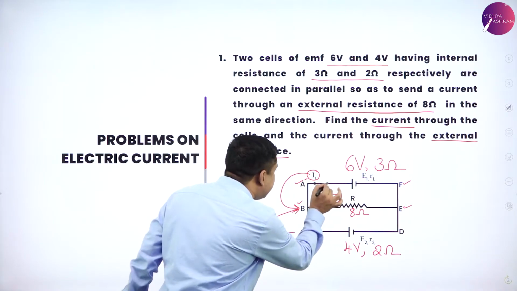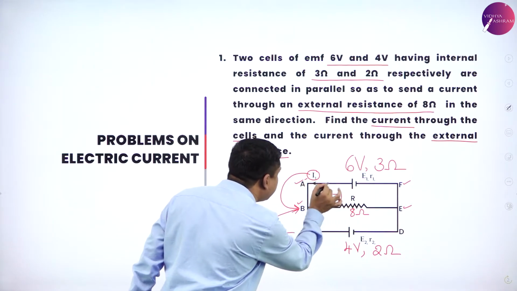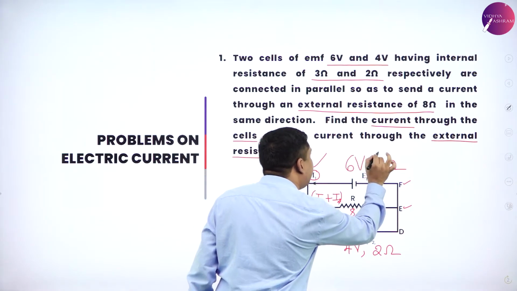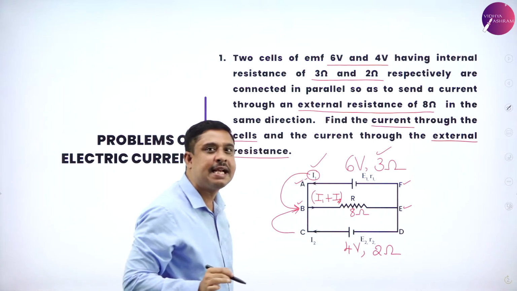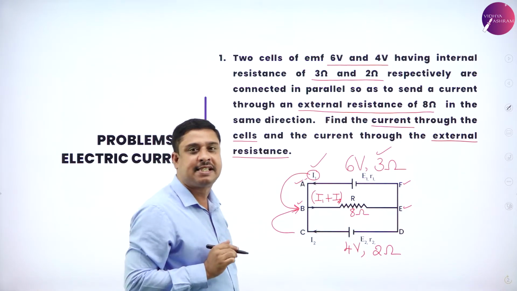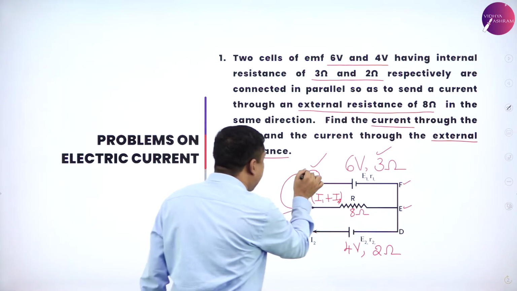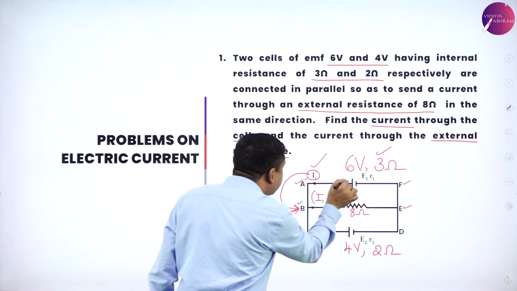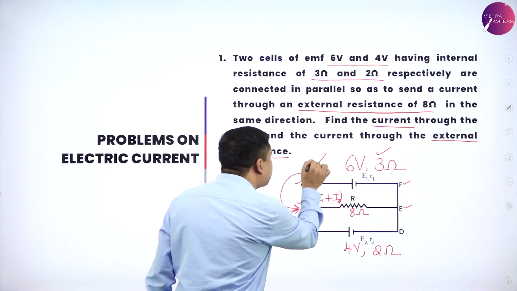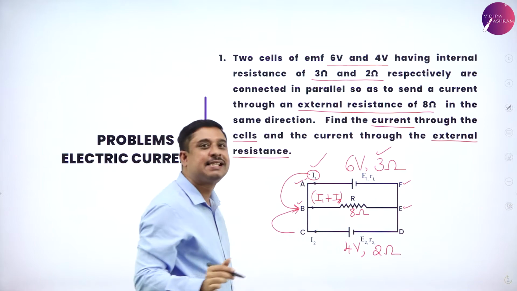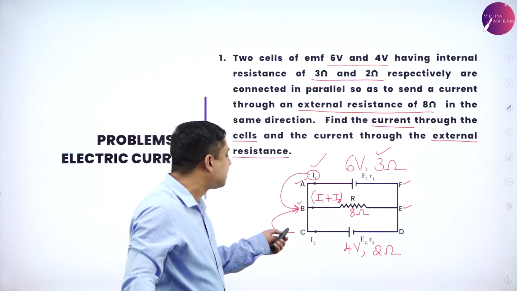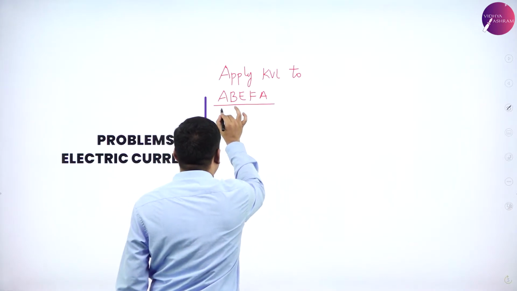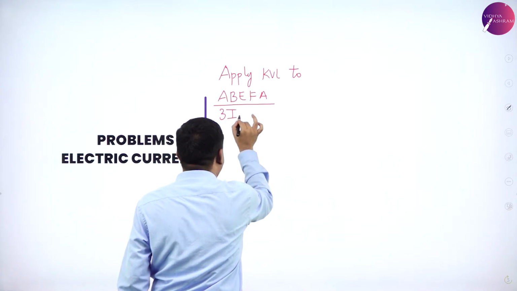If it is in the same direction given, then product of current and resistance becomes positive. Here I1 is flowing in the same direction given. So product of current and resistance becomes positive. Therefore here we have 3 times I1.